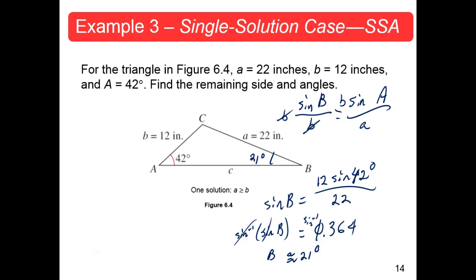You've only found one of the three things you were missing. C, how do you find C? 42 plus 21, is that what you said? Okay, so I'm adding them first, 63, subtract that from 180, and what does that give you?